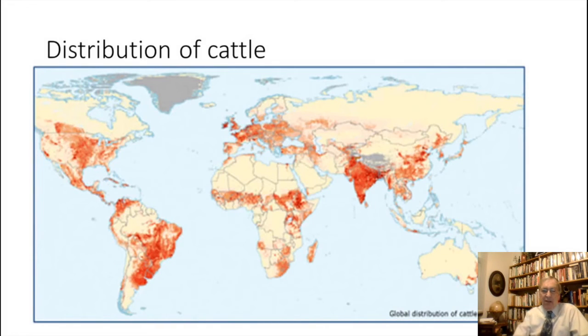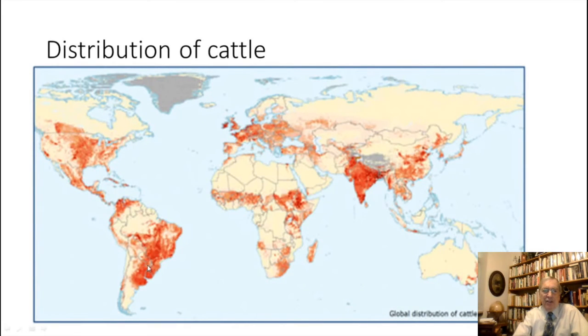Distribution of cattle. We're talking about livestock now. We'll have a few slides about that. Of course, the United States has a lot of cattle throughout both the East and the Great Plains and so on. And in South America, through much of Brazil and also the Pampa of Argentina.